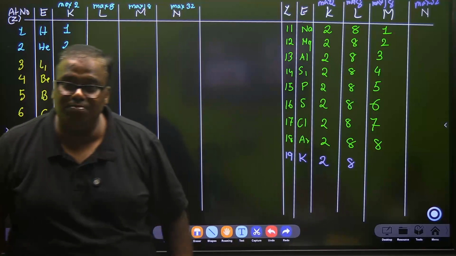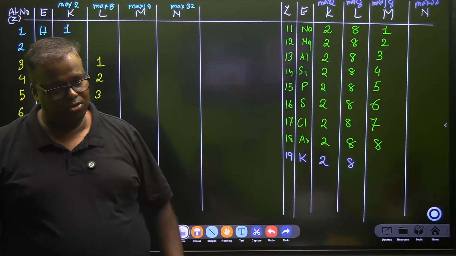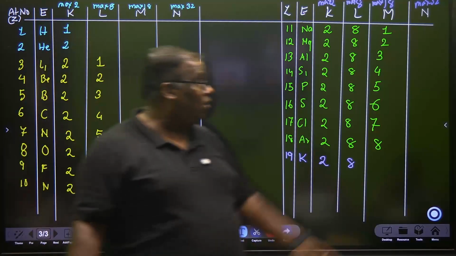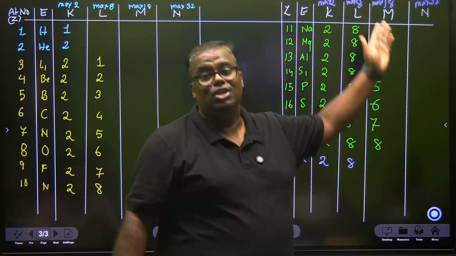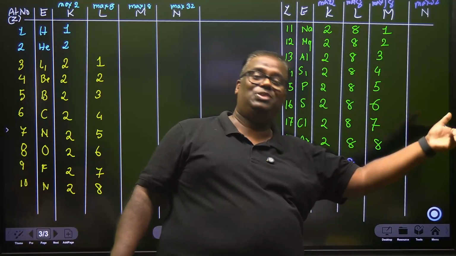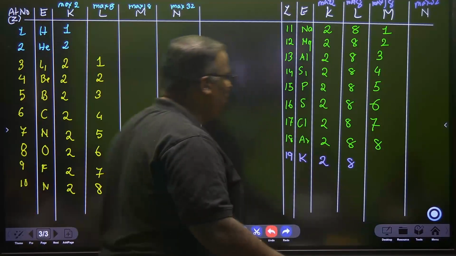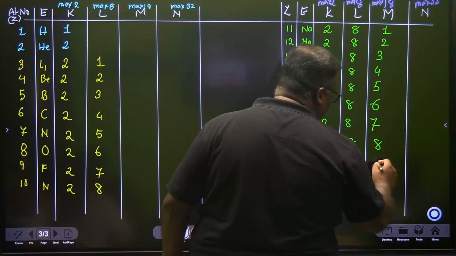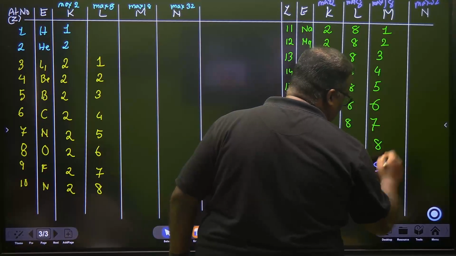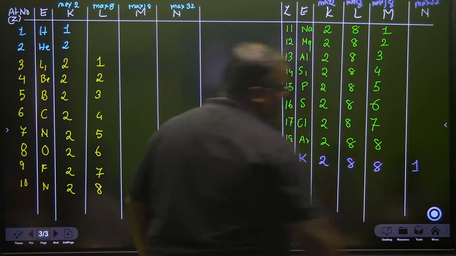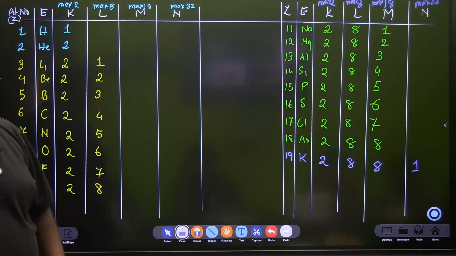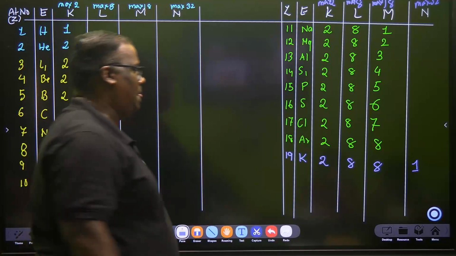Valence shell can have maximum 8 electrons. So no matter that you have capacity, you have to put the electron into the new room. Therefore, 2, 8, 8, and 1 opens up here. Got it?